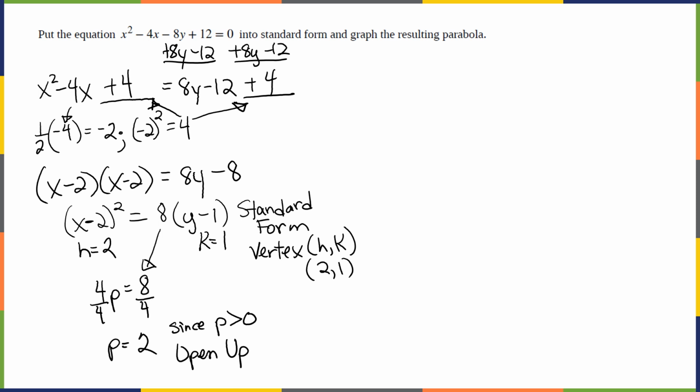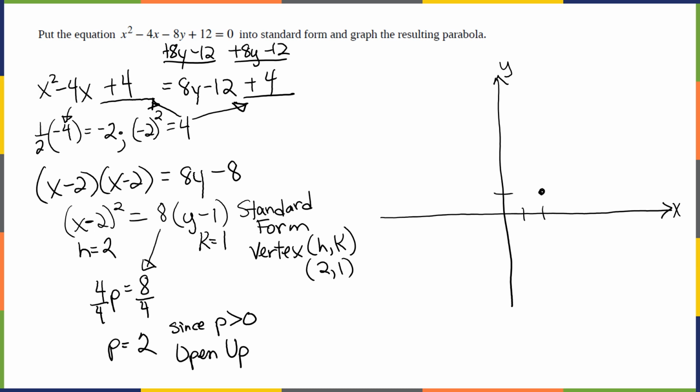Now we want to graph the resulting parabola. So we will create an xy axis. We will locate the vertex at 2, 1.